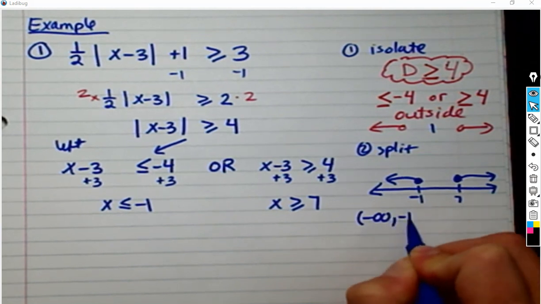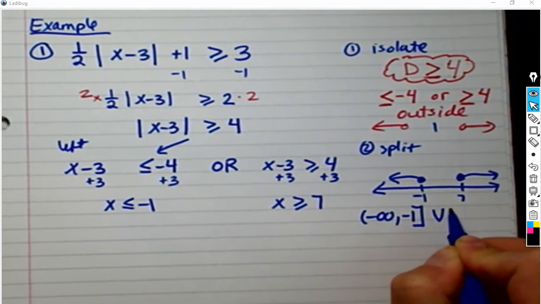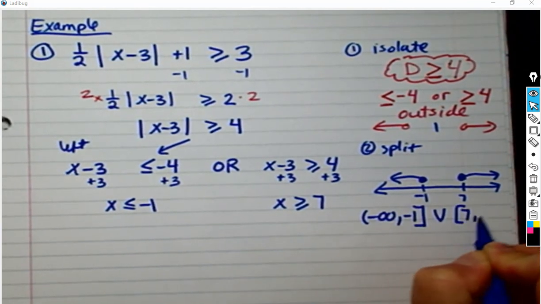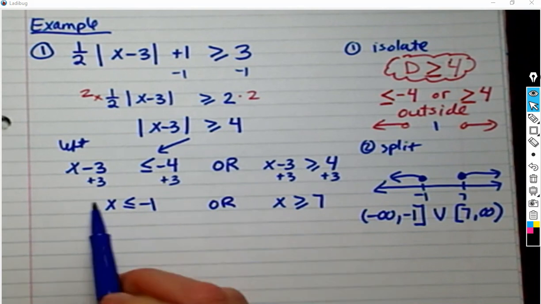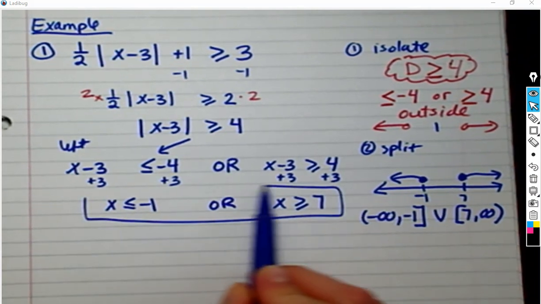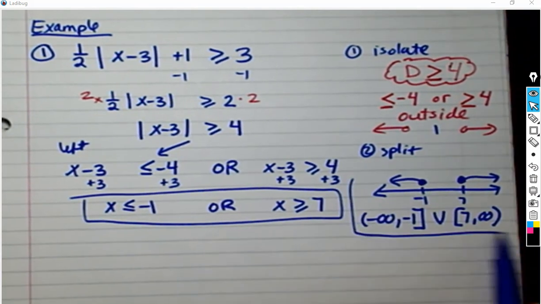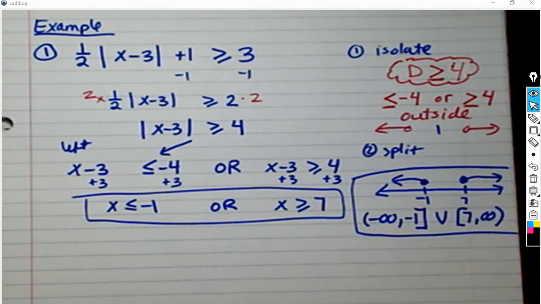Negative infinity, -1 hard bracket, 7 to positive infinity. Remember all that set interval notation, all these things matching up together. All of those things are different ways to write the solutions.